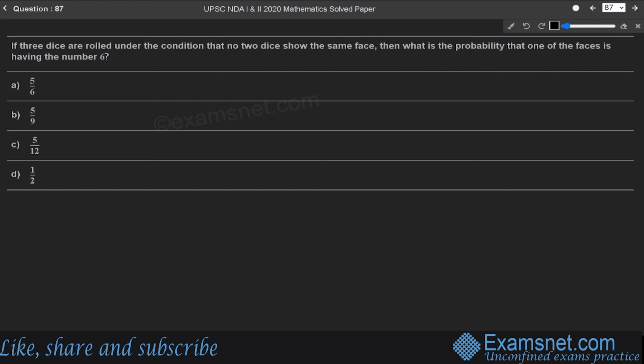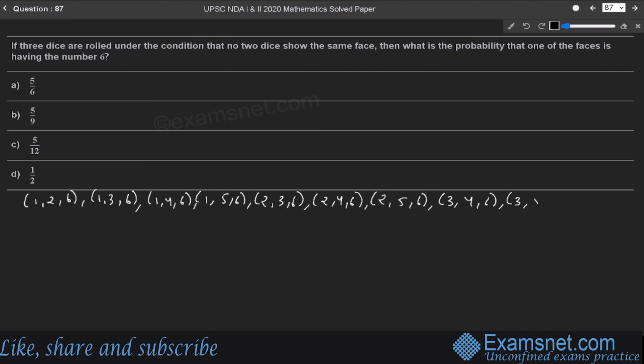So the number of ways will be 126, 136, 146, 156, 236, 246, 256, 346 and 356. These are the number of ways in which one of the faces has the number 6 and no 2 dice will show the same number.